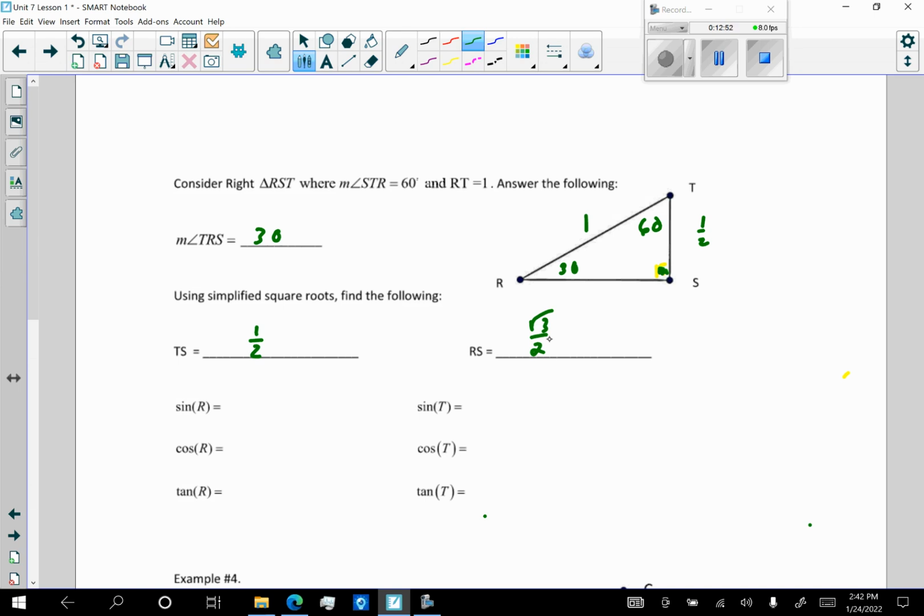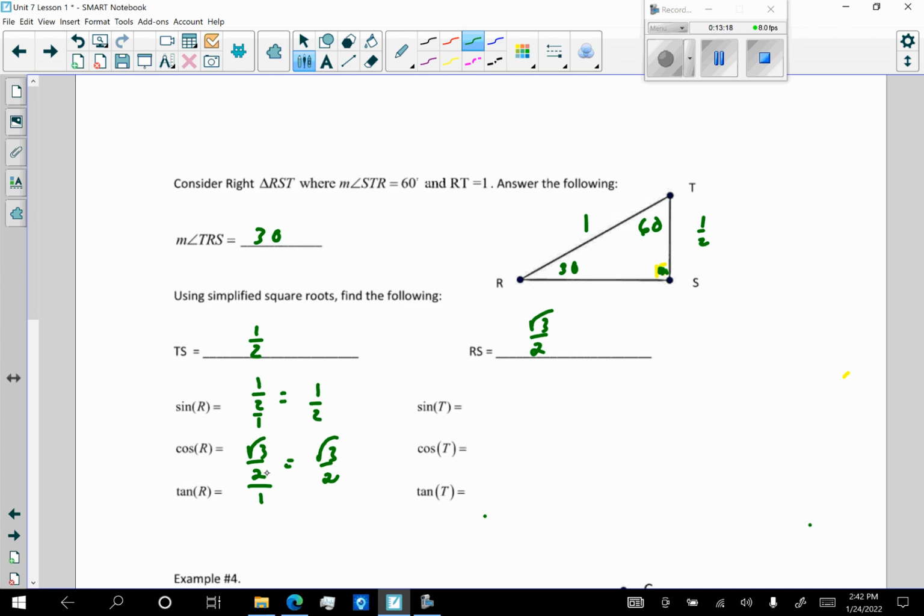Hey, what's the sine of R? The sine of R is going to be the opposite of R, which is 1/2 over 1. Hey, guess what? That's 1/2. The cosine of R is going to be the square root of 3 over 2, adjacent side divided by 1. Hey, guess what? That's just square root of 3 over 2.